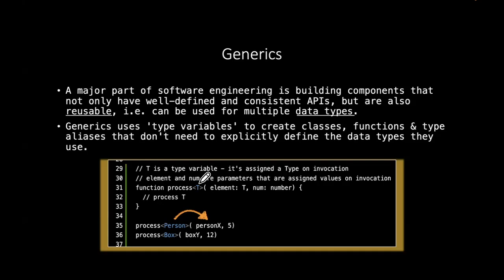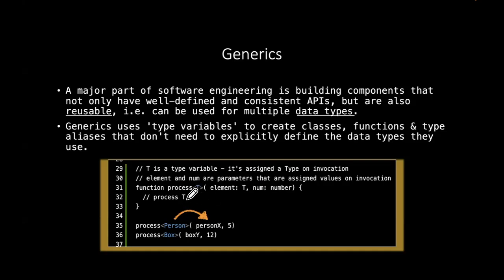Type variables, by convention in TypeScript, tend to be single capital letters. There's no requirement to follow that style, but it has evolved as a convention. So T is a variable that's going to be assigned a type when we actually invoke this function. The function takes two parameters. The second parameter is a number, but the first parameter's type is T.